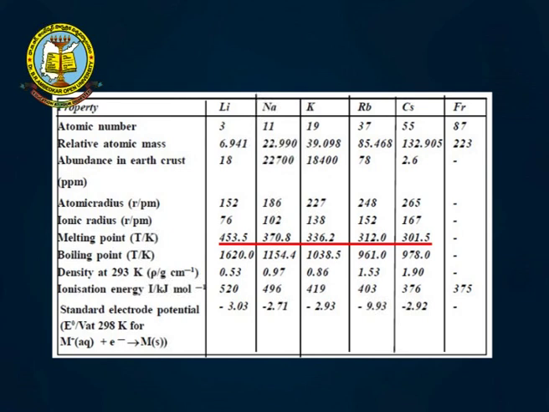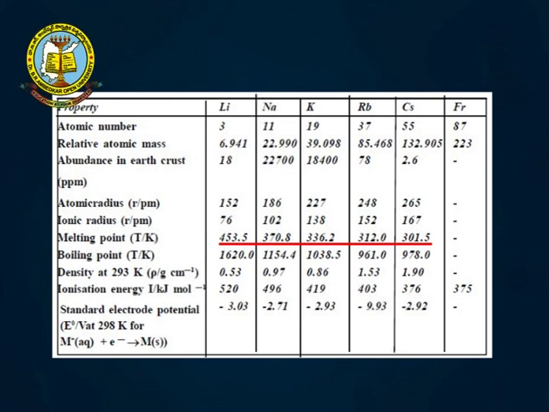Due to this weak bonding, you can see the low melting point of these elements. Lithium is tightly held, and with increase of size the bonding interaction between the atoms decreases. That's why the melting point decreases from lithium to francium here.